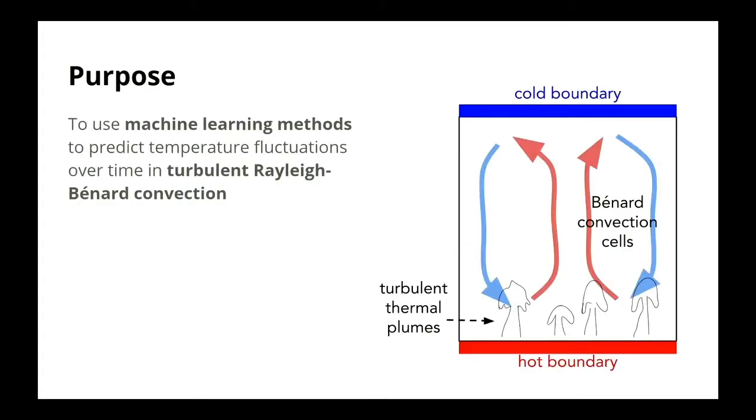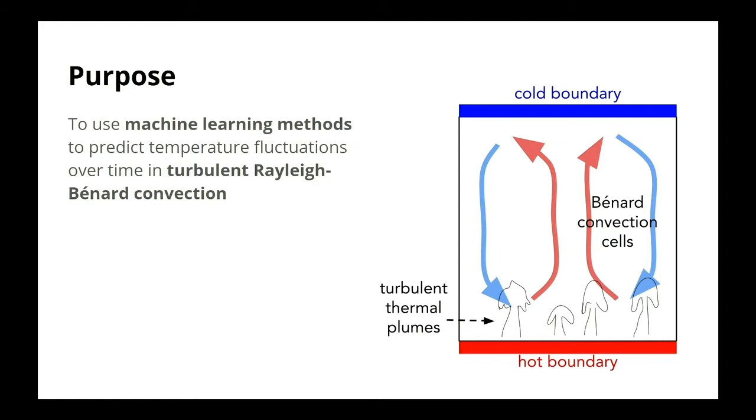So what I did this summer was to use machine learning methods to predict temperature fluctuations in turbulent Rayleigh-Bénard convection. Rayleigh-Bénard convection is one of the most common means by which researchers study turbulence in the lab.